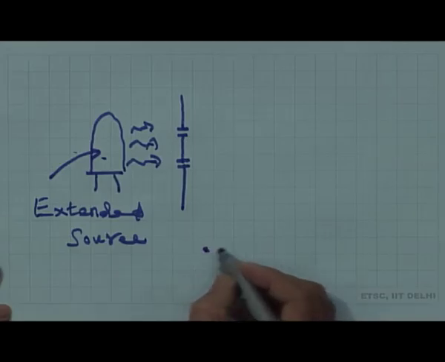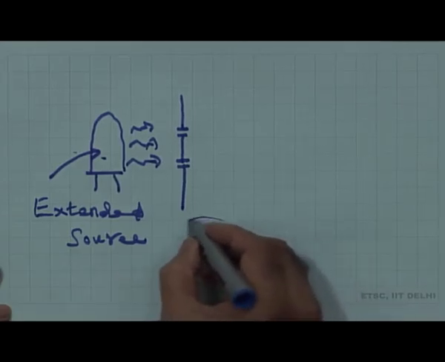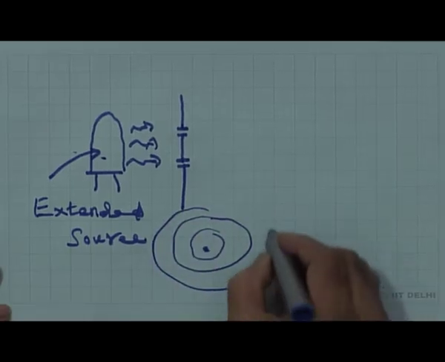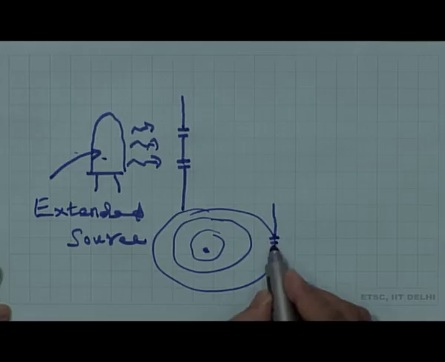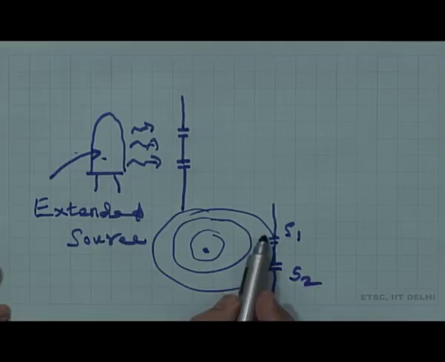If I have a point source, this would give spherical wave fronts like this, and if my aperture is here, S1 and S2, we have emphasized several times that the wave front reaches S1 and S2 at the same time.